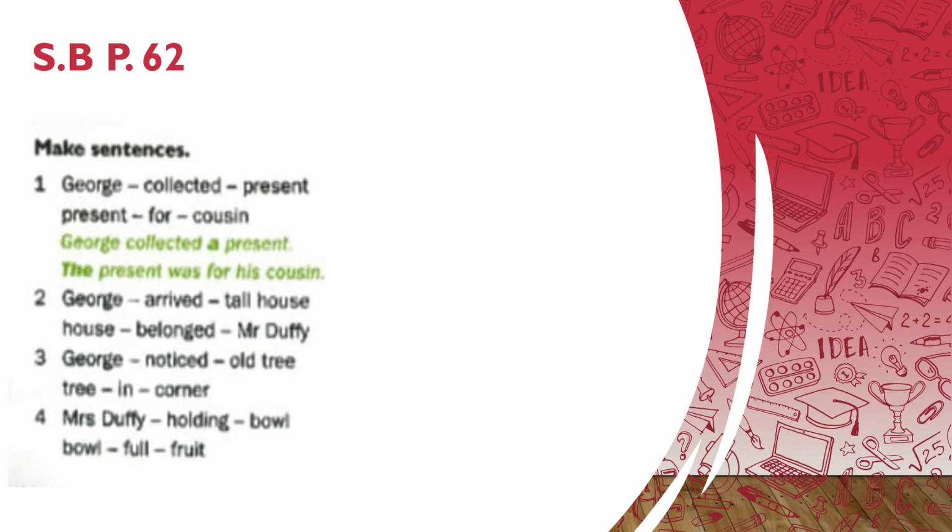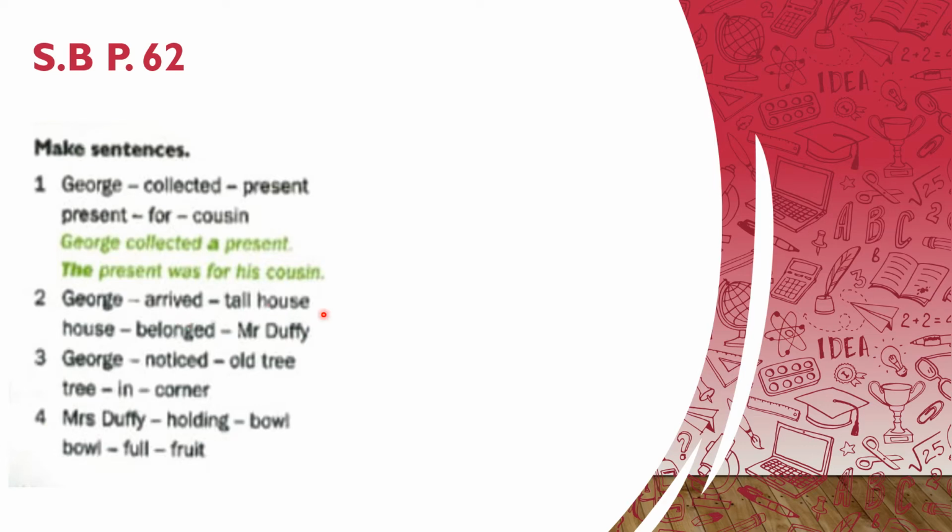Now we will move to activity number 3. Make sentences. We want to make sentences by using the articles. George collected a present for his cousin. George collected a present for the first time. Yes, we mentioned the present before, so the present was for his cousin. Let's try to answer 2, 3, and 4.